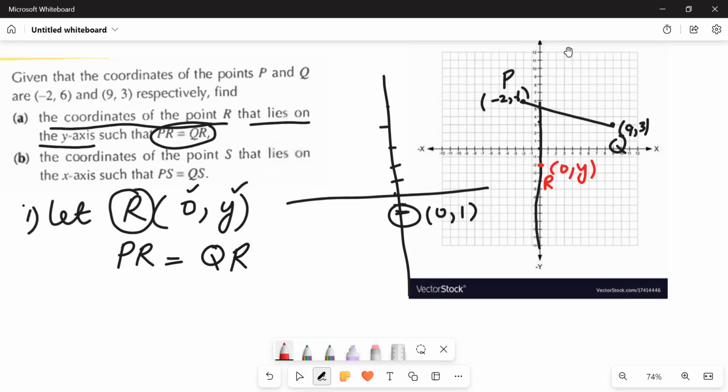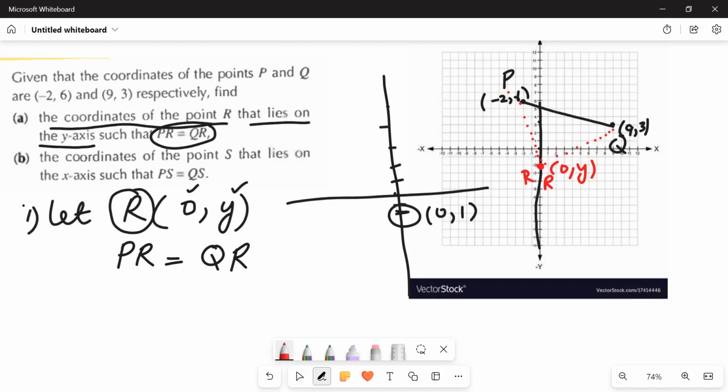Just suppose that. Then this distance and this distance are the same, meaning PR and QR are the same. Now we will find the actual value of y, at which point is y.